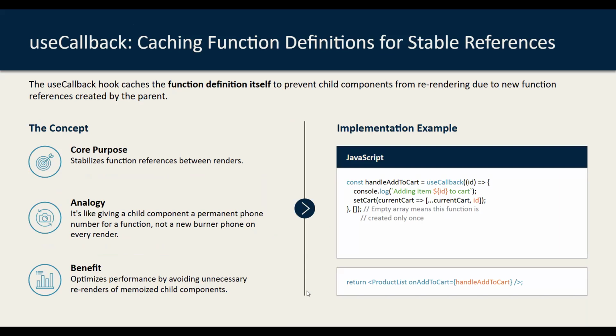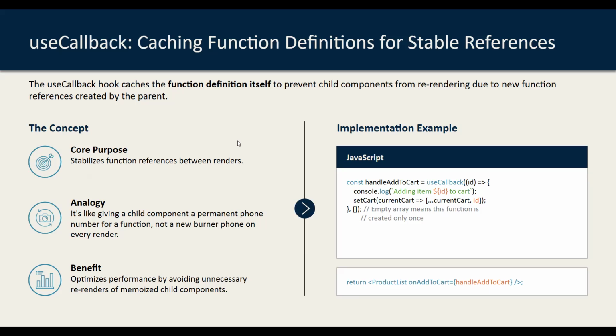The reason that matters is that in React, every time a parent component re-renders, it normally creates a brand new function. So even if the logic is the same, the reference is different, and that can cause child components to re-render unnecessarily. The core purpose of useCallback is to stabilize function references between renders.